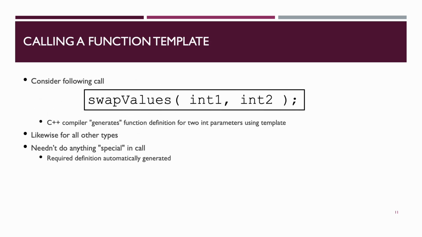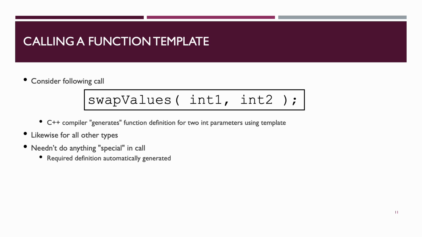Here, when you call swap values integer 1, integer 2, the C++ compiler automatically generates a function definition that works specifically with the integer type based on the template. This process occurs similarly for any other data type you use with the template, whether it's float, character, or a user-defined type.